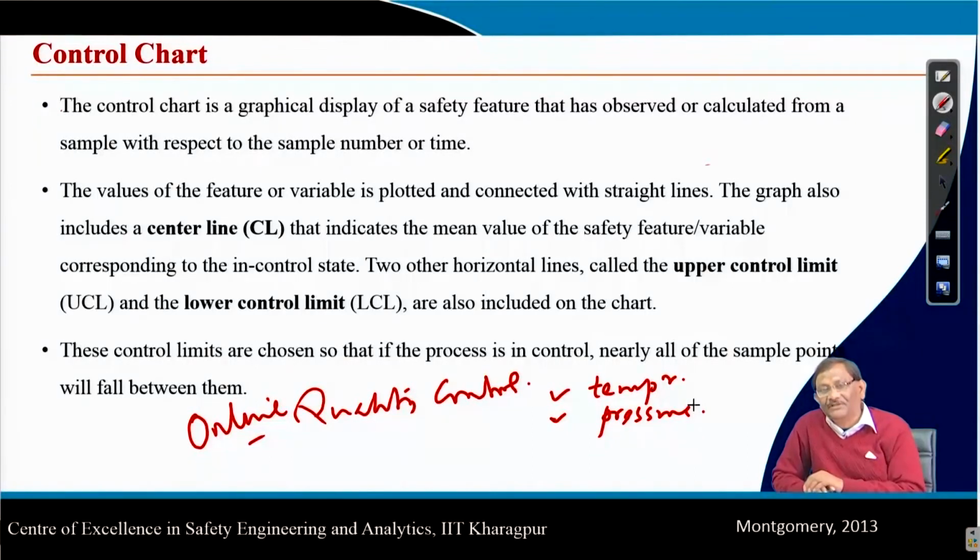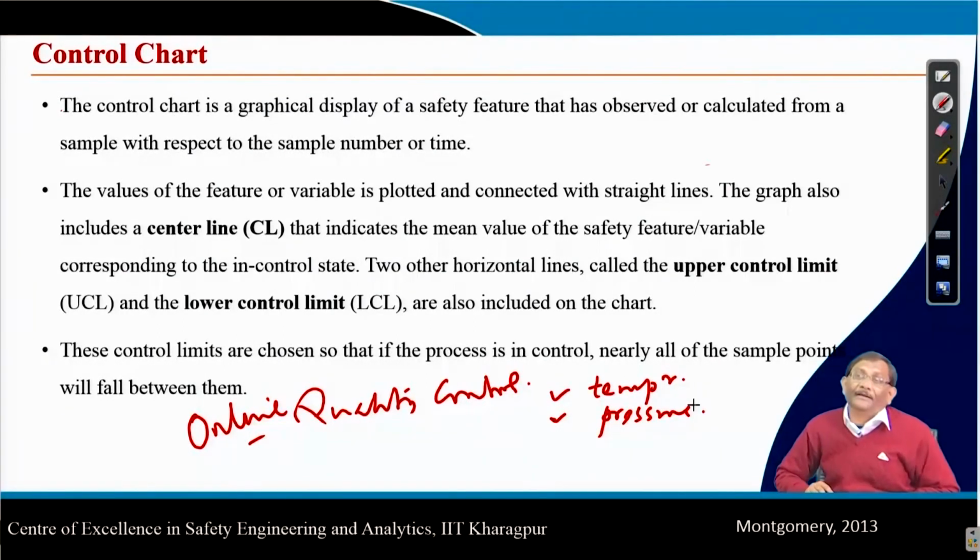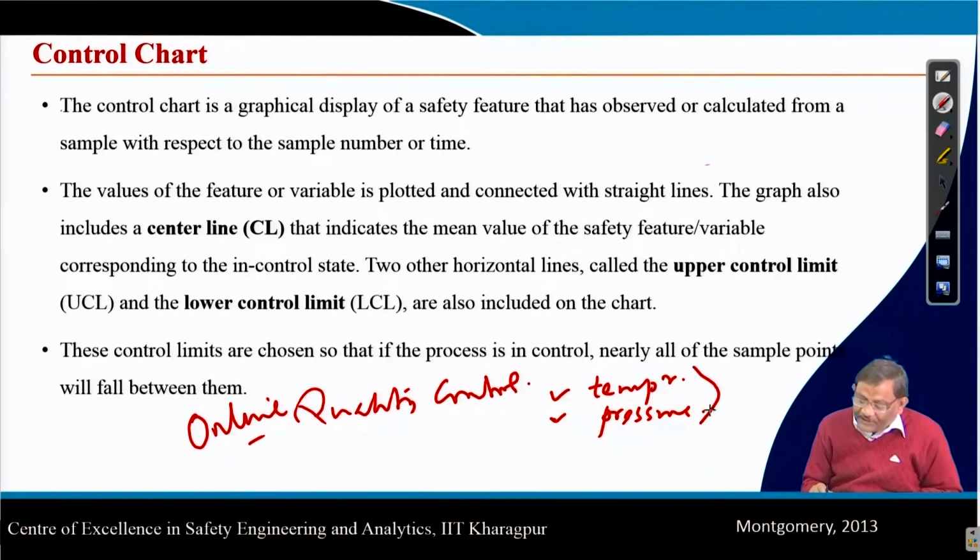Many manufacturing processes, other kinds of processes are also affected by temperature and pressure. If these two are very critical, then these are known as process variables. And there is an operating range for these variables.